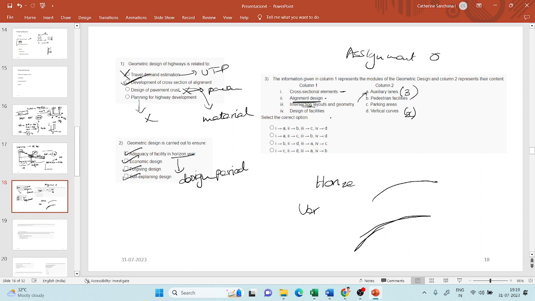And design of facilities: parking area is a facility which needs to be designed, so that will come under design of facilities. Now the remaining one is cross-sectional element, which will be the pedestrian design. So if you match all this, the answer that you will get is C.